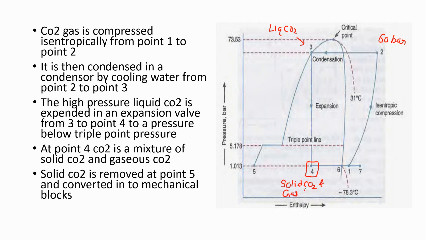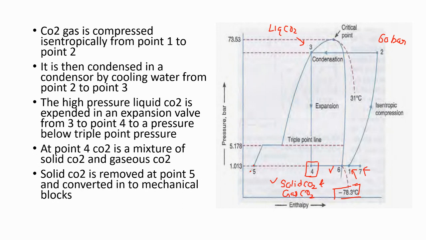The solid CO2 is separated at point 5, and the gaseous CO2 is moved to point 6, where it is mixed with external CO2, and the system reaches point 1 again. The temperature of minus 78.3 degrees Celsius is reached with the help of this solid CO2. This is how solid CO2 is generated.